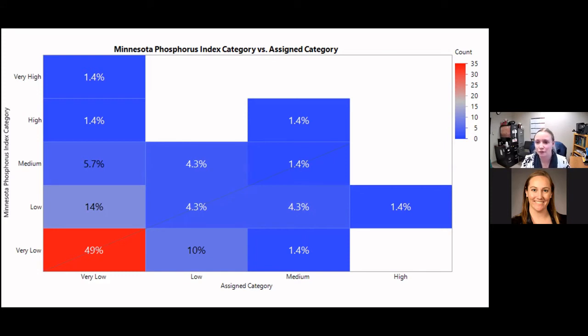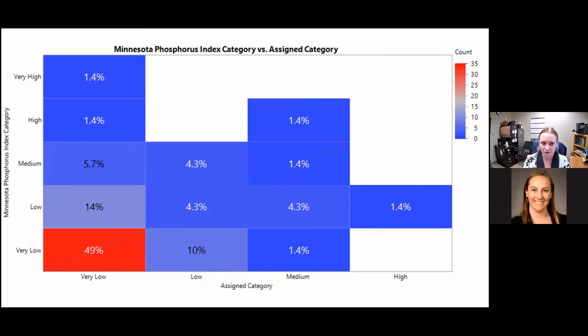Knowing that, what we can see here is that the very low category, in red at the lower left, is 49%, and it's along this one-to-one line. Anything on that one-to-one line is doing what it's supposed to be doing. It's predicting the way it's supposed to between assigned category and Minnesota phosphorus index category.